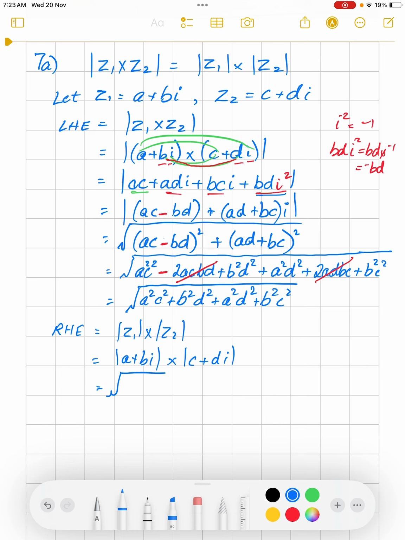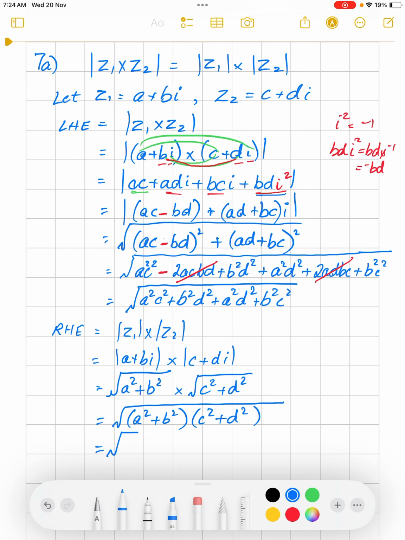So that would be the square root of a squared plus b squared. And we multiply that by the modulus of c plus di, so square root of c squared plus d squared. And that would be the square root of the product a squared plus b squared times c squared plus d squared.